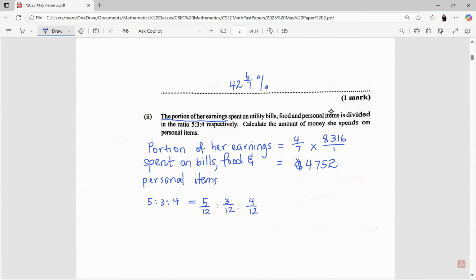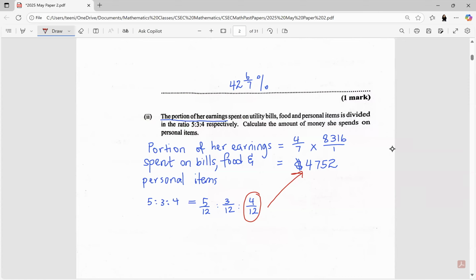So 5/12 of it was spent on utility bills, 3/12 was spent on food, and 4/12 was spent on personal items. And they would like us to calculate the amount of money spent on personal items. So we'll be looking at this fraction of the money that she's spending on those items.